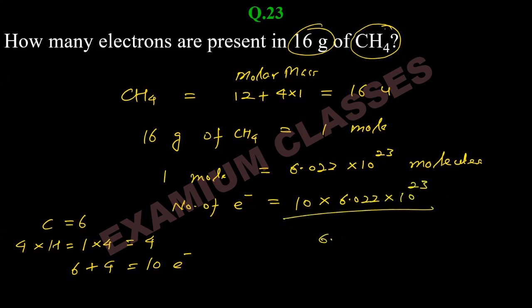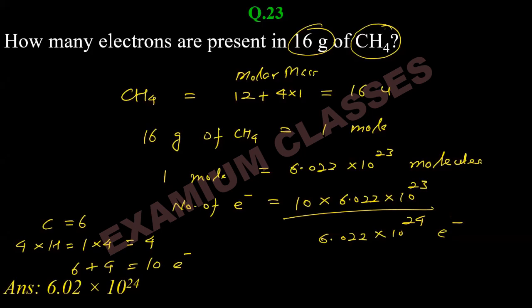So 6.022 into 10 to the power 24 electrons will be there. This question is just calculating the number of molecules and multiplying that by the number of electrons in one molecule. I am just moving forward. If there is any problem, you need to let me know.